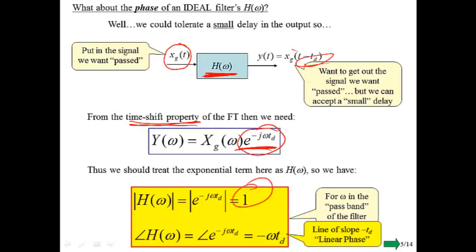So our pass band magnitude structure stays the same. But what it does do is the angle of the frequency response becomes the angle of this exponential part, and we see that that is just minus omega T sub D. We've seen this before. This is the idea that a time shift, a delay in the time domain, corresponds to a linear phase shift in the frequency domain. That's what we're seeing here.